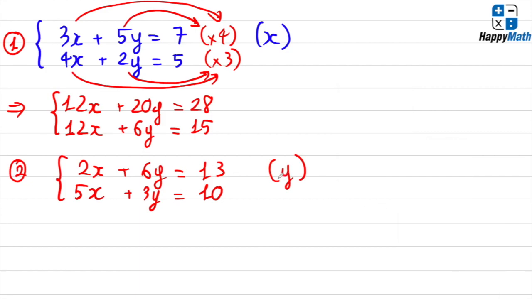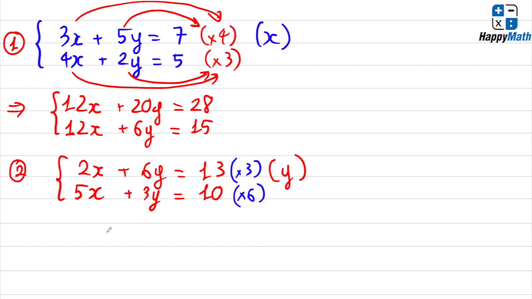Changing y, I mean I have to change the coefficients of y to become equal. The first one you got 6y, and the second one you got 3y. So I could multiply here by 3 and here by 6.